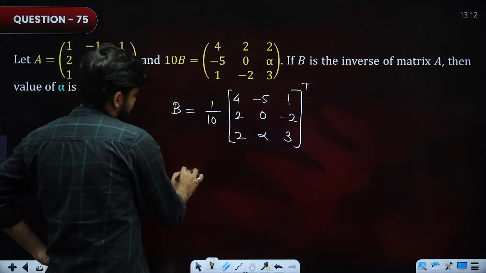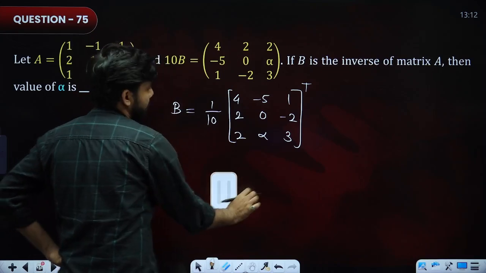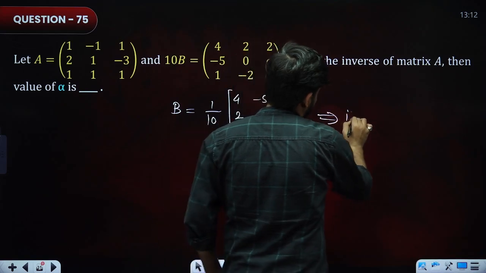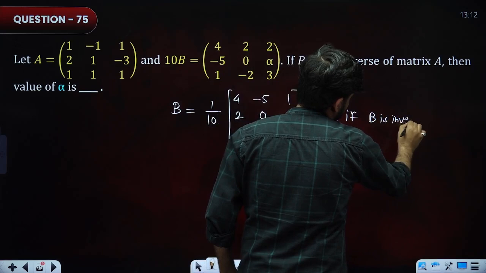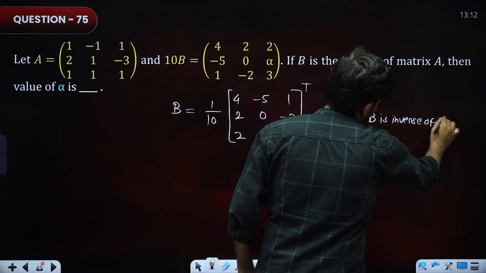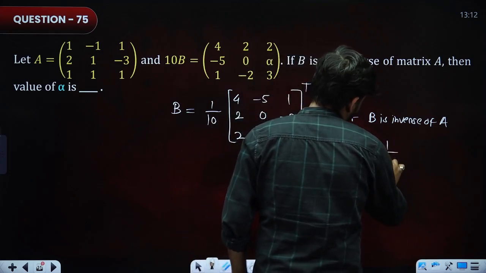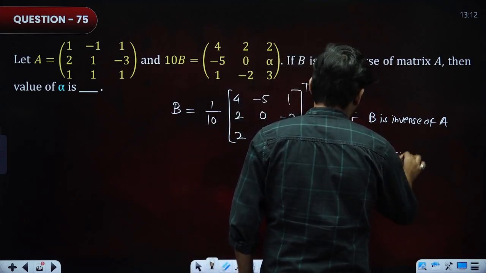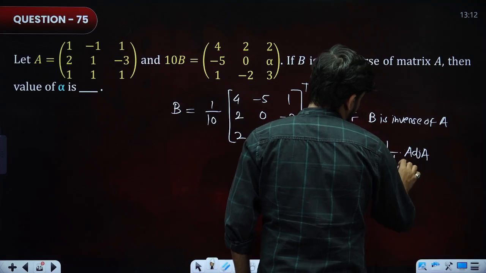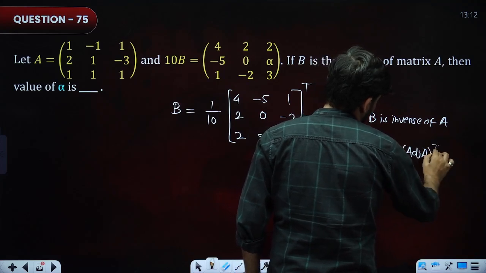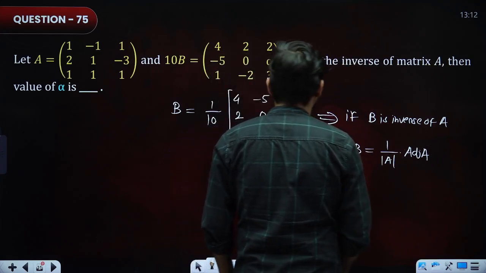So as we know, if B is the inverse of A, correct? So B should be equal to 1 upon determinant of A into adjoint of A, correct?